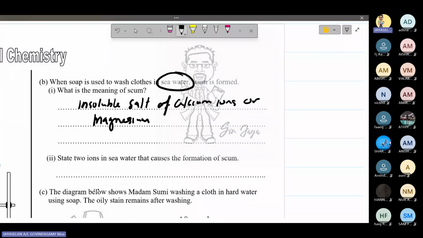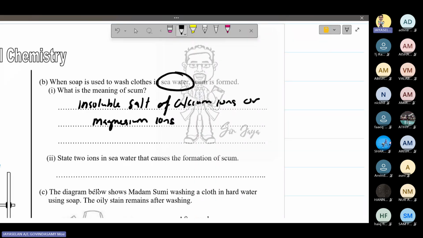Okay, Amirul, your answer is what? Apa you buat? Letak? You dah siapkan? Saya letak, saya baca je. Scum is the insoluble salt formed from reaction between Mg2+ ions and Ca2+ ions with anions of soap. Okay, can. Boleh juga. Or insoluble salt of calcium ion or magnesium ion. Okay, ini pun boleh. Any question?